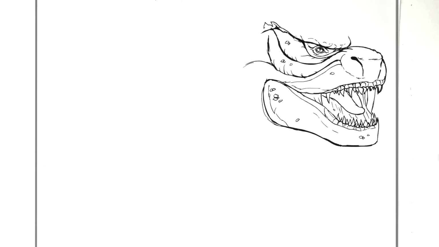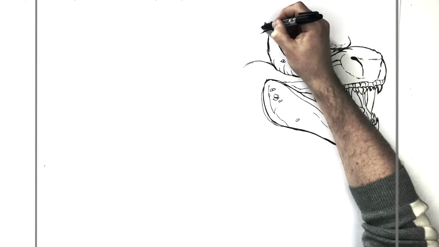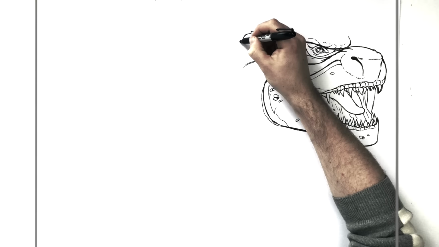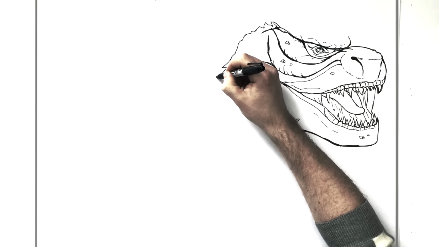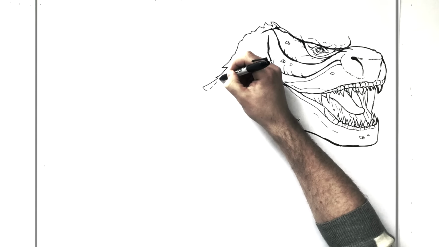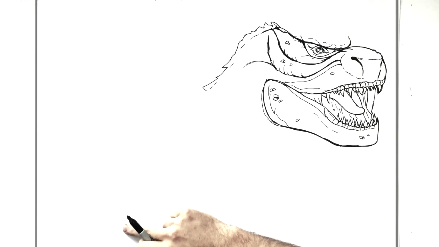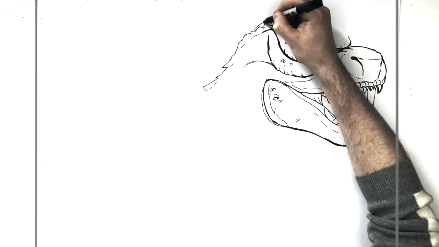So then the rest of the top of his head roughly comes out from here. So this is a line of spikes that goes down the back of his head, all down his neck and everything, right? So this is going to travel the whole way down his neck. So this is the back of his head, and then this will come out here.